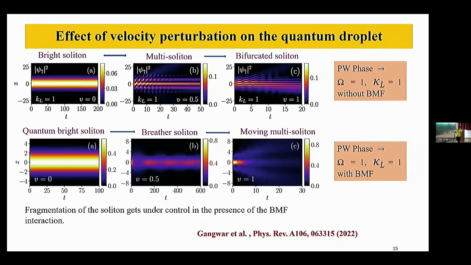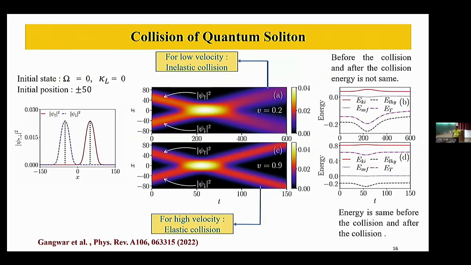However, if we do a similar thing with the flat top, then we get a moving multi-soliton without giving any trap or anything. With this, we also analyze the collision dynamics.